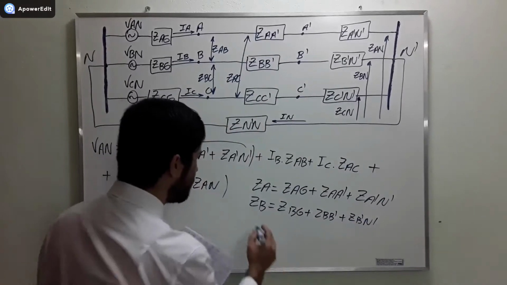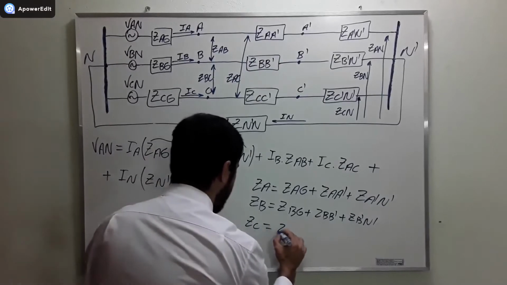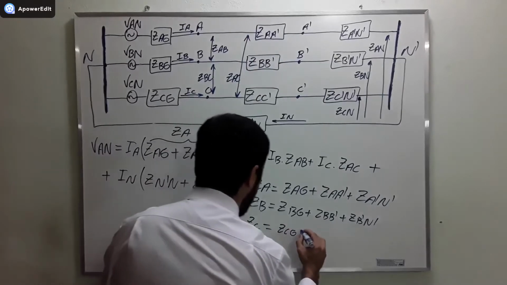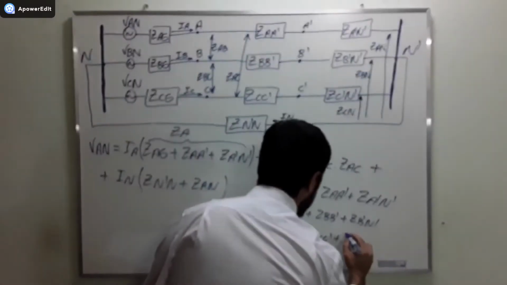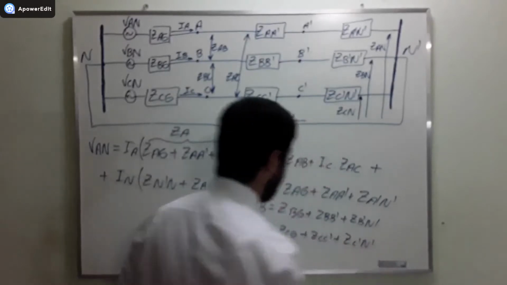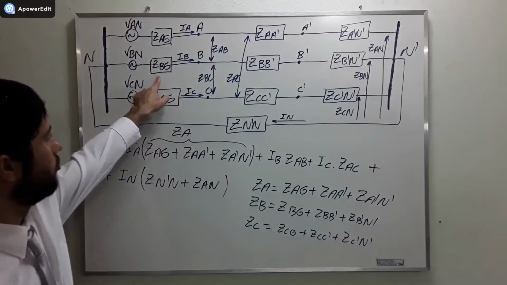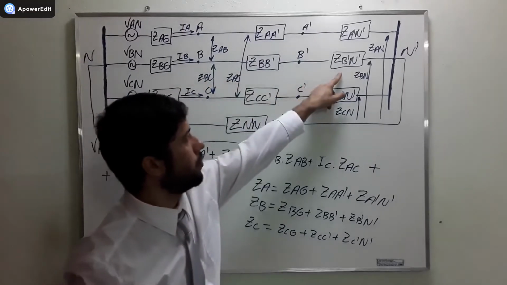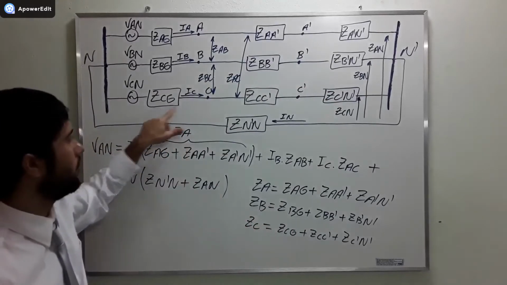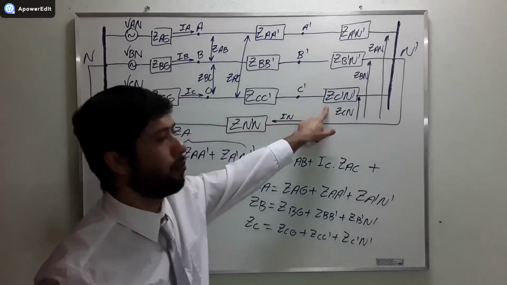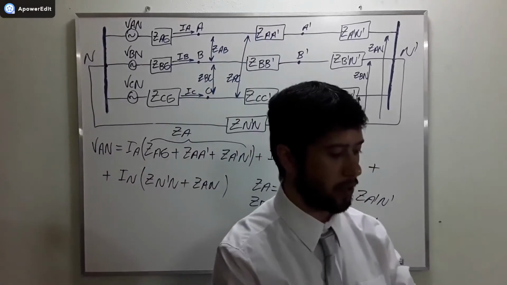And the same thing is going to be done for ZC, which is going to be equal to ZCG plus ZCC' plus ZC'N'. Instead of writing ZBG, ZBB' and ZB'N', we're going to write this. And instead of writing ZCG, ZCC' and ZC'N', we're going to write this. And we are going to find the following matrix.